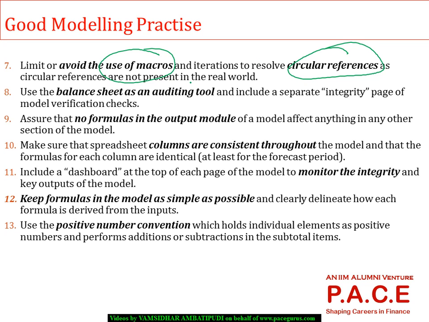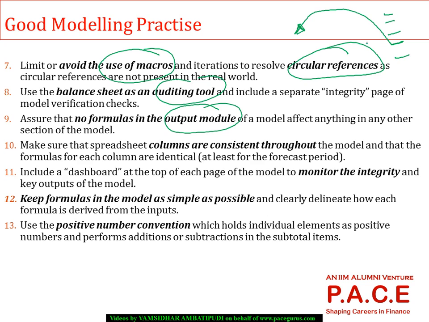And try to do an audit on the financial model by trying to change as many inputs as possible. And make sure that the output model should be the end. Again, the values in the output, make sure whatever is your output, they are not again used as input anywhere inside your model.